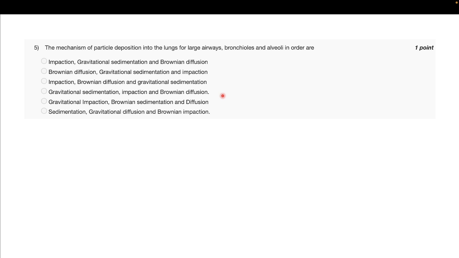Next is the mechanism of particle deposition into the lungs for large airways, bronchioles and alveoli, in order. We have 6 different options. We have to choose one.